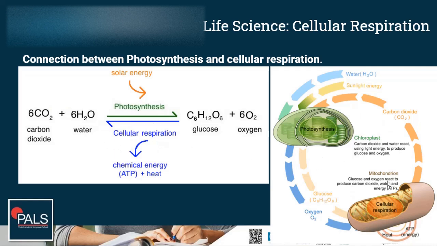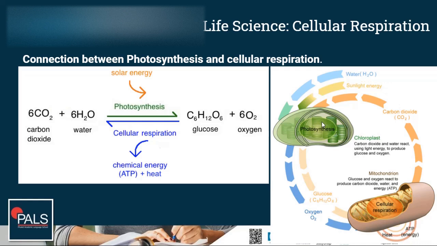So here we see the relation again. Cellular respiration happens at the mitochondria. Glucose goes in and oxygen goes in. The mitochondria release the energy, ATP is made, and carbon dioxide is produced as a waste product, and water. These substances then can be used by plants in the chloroplasts.